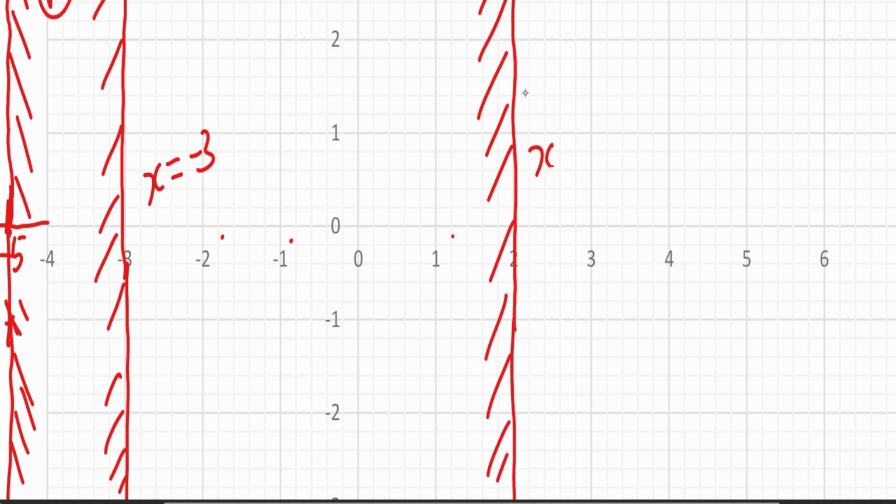So here it is x equal to 2, but the inequality obviously is x is greater or equal to 2.